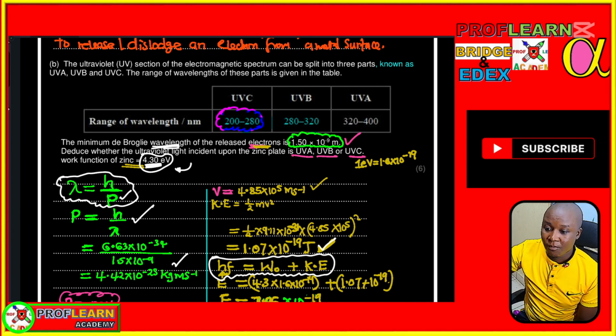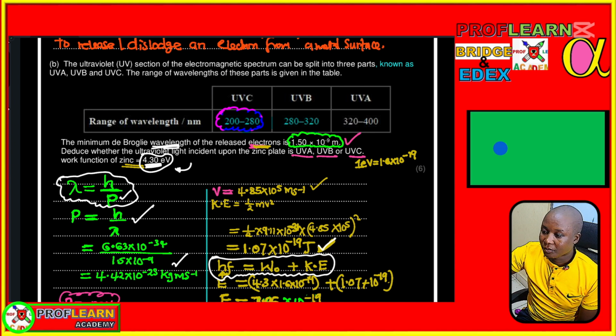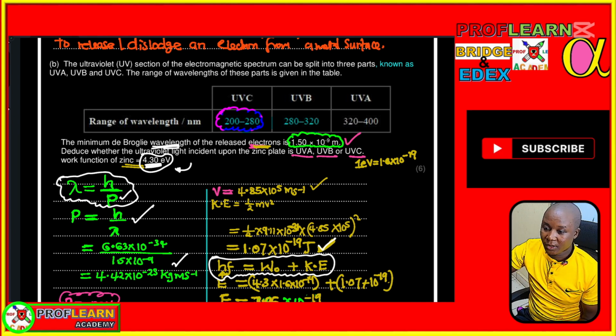If you look at that, it's falling between 200 and 280. So which means that this is UVC, and that becomes the answer for that particular part.